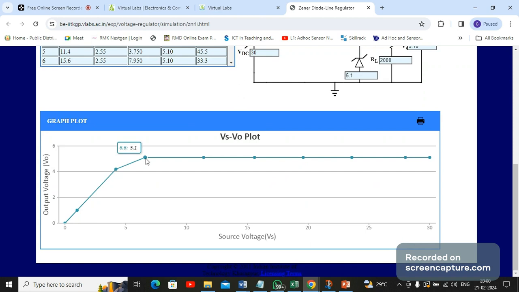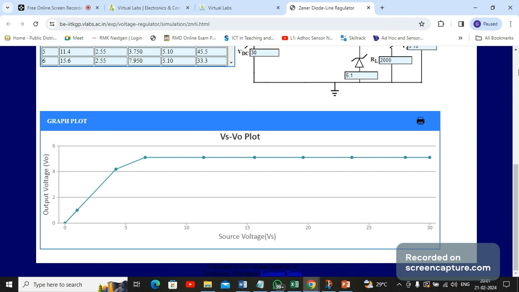Once I reach 5.1, this is the voltage across the Zener diode. Once I reach the Zener breakdown voltage, irrespective of variation in the source voltage, the output voltage should remain constant. That is line regulation: the capability of the power supply to maintain a constant output voltage irrespective of variation in the source voltage.